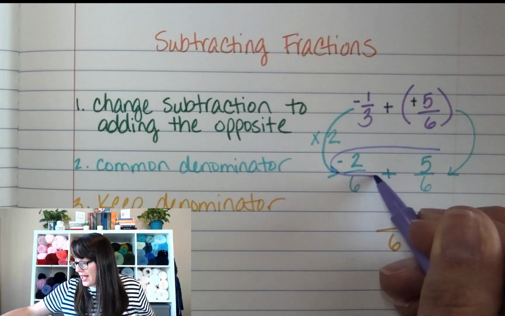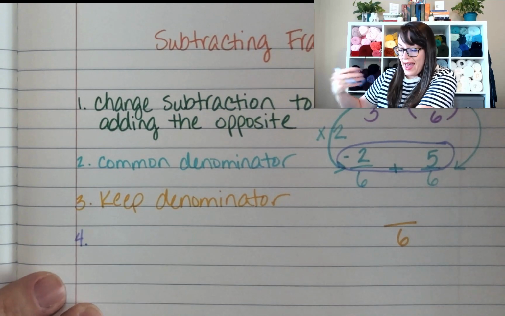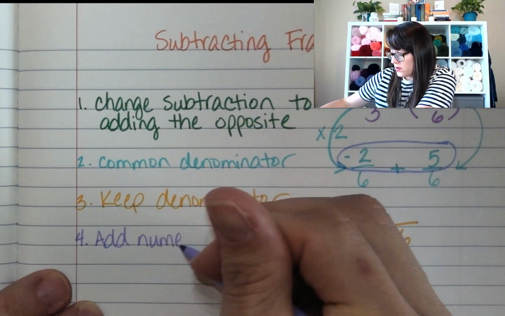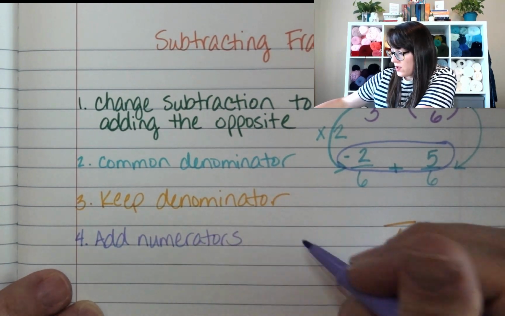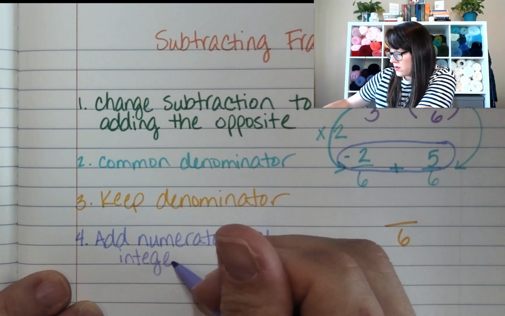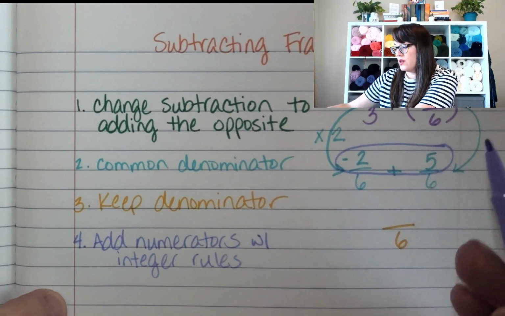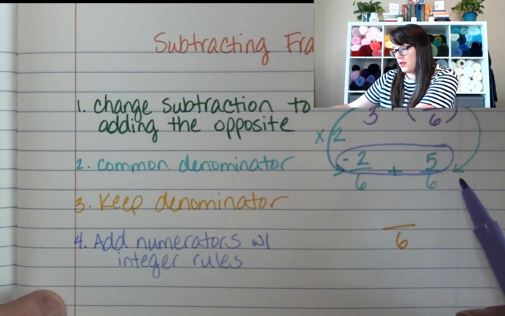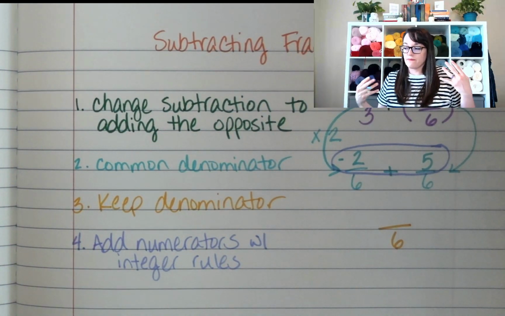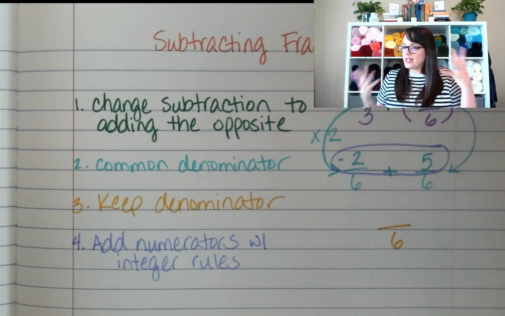And I have 2 negatives and 5 positives. And so when I'm looking at the numerators only, I'm going to add numerators with integer rules. So if I have a -2 plus 5, are they both on the same team or are they on opposite teams? They're on opposite teams because I have a negative and I have a positive. And so which team is bigger?